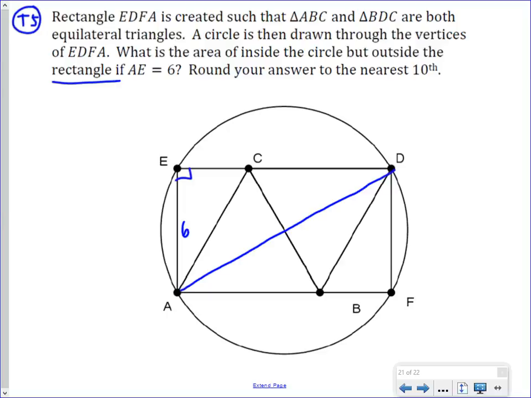And then you know that you have these equilateral triangles. And because you have these equilateral triangles, you know some things about the angles. Since this is an equilateral triangle, that's a 60-degree angle, which means this is a 30-degree angle. And if that's a 30-degree angle, this is a 60-degree angle. We already know this is 60, which means that's 60, which we already knew because it was an equilateral.